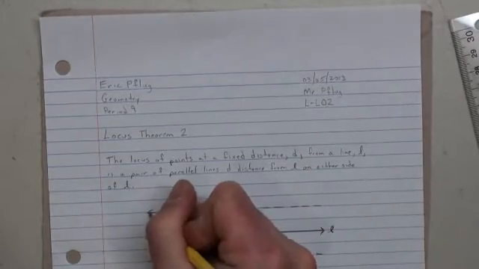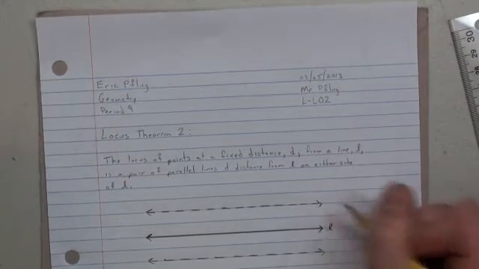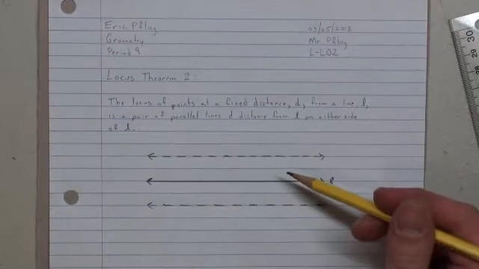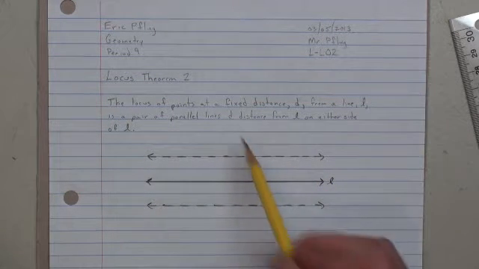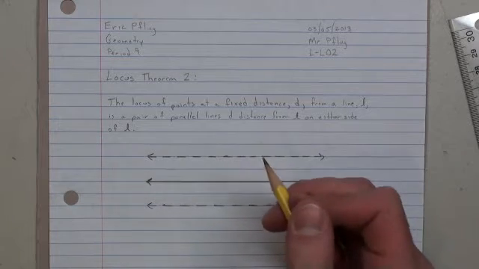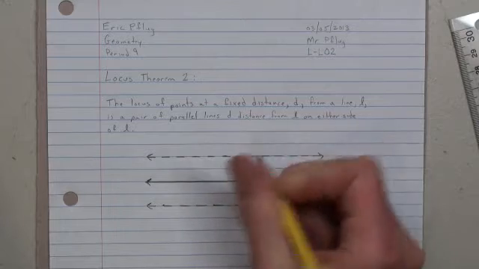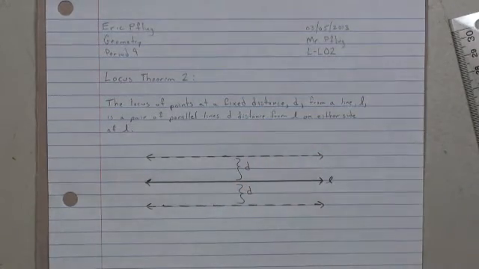Okay, and put arrows on the end of these. And so we have 2 parallel lines on either side of L, and the distance away from L is d. So this distance here is d, and this distance here is d. Okay?